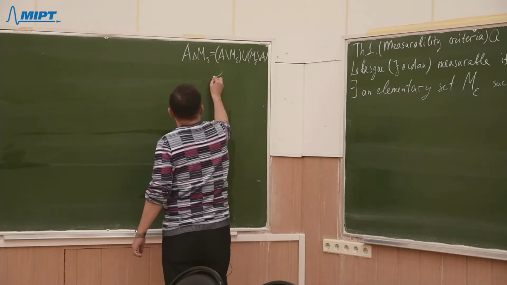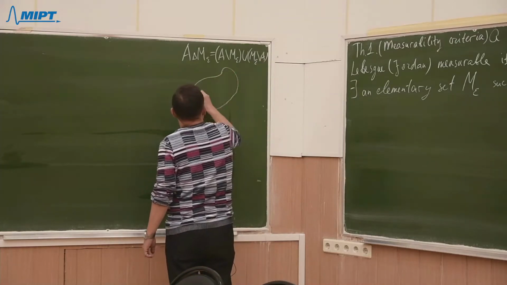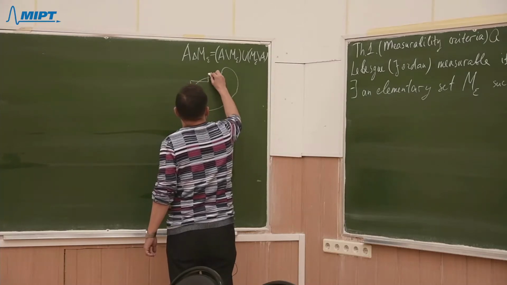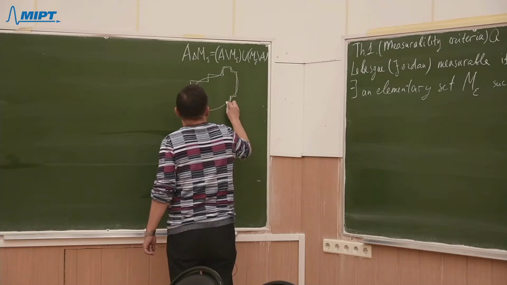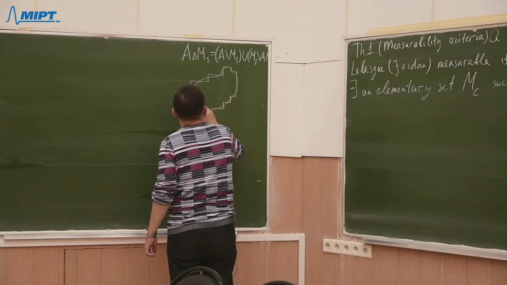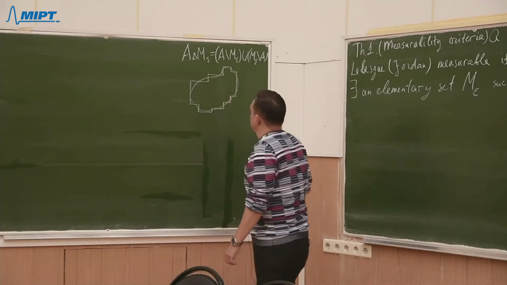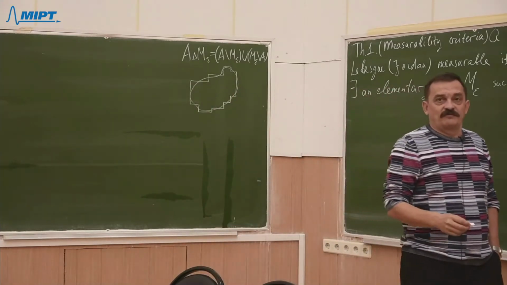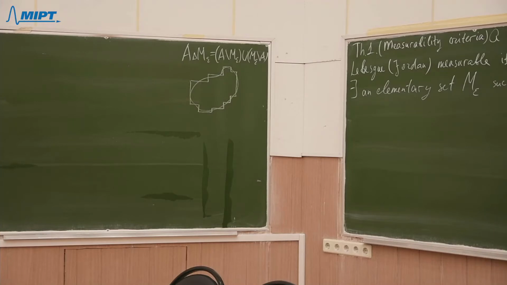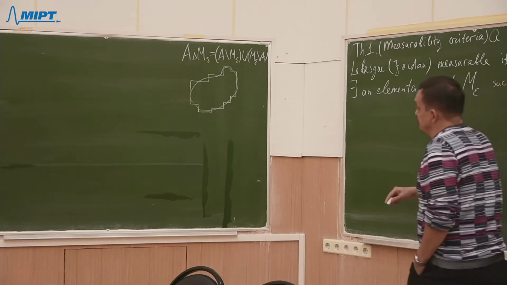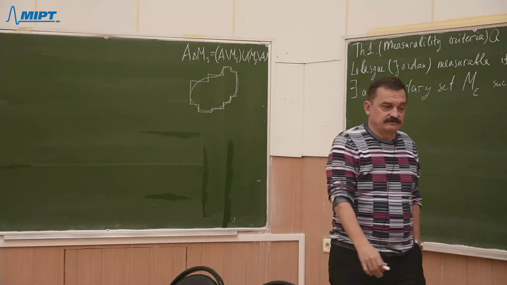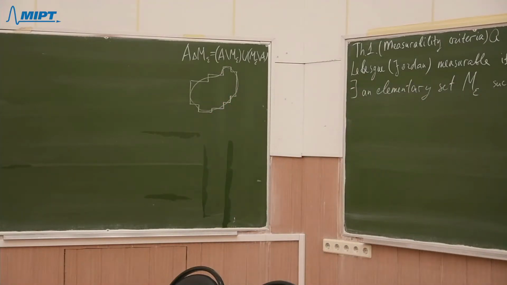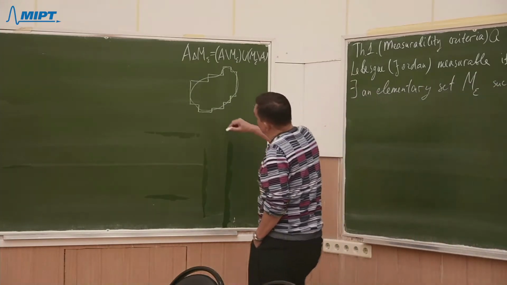So if we have A and we have M epsilon, something like that, recall M epsilon is an elementary set. It means it consists of several intervals, like that. See here, the polygonal curve is the boundary of M epsilon. So, what is the symmetric difference?